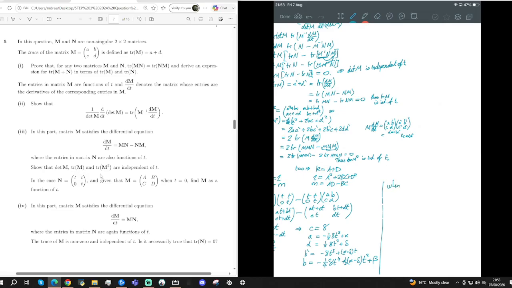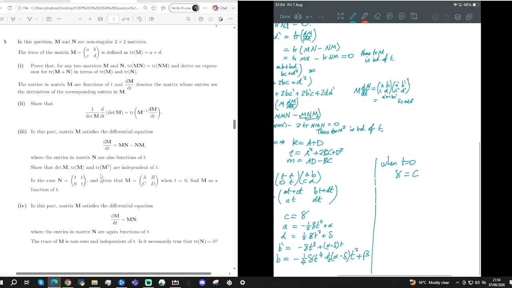So when t equals 0, we're going to have that this delta thing is the capital C. That's completely independent of time already. Using the a expression, when t is 0, then just alpha equals A, and it's actually just going to turn out that each of these is quite dull.